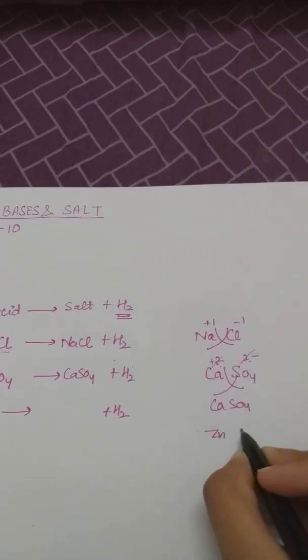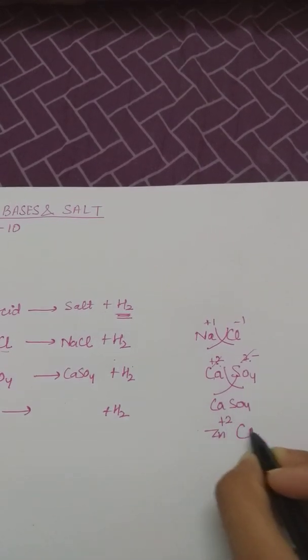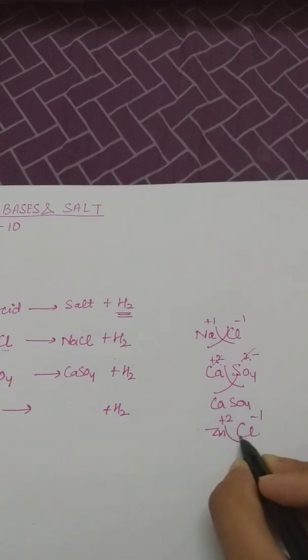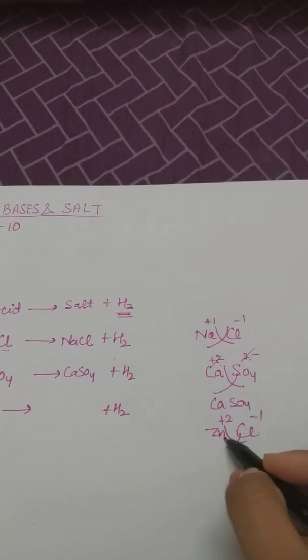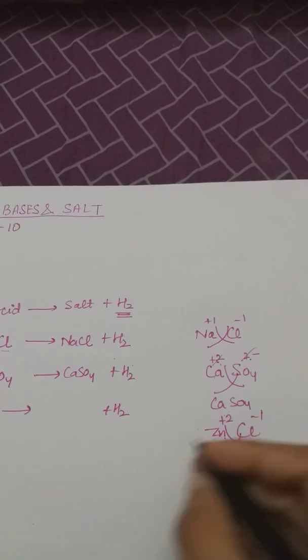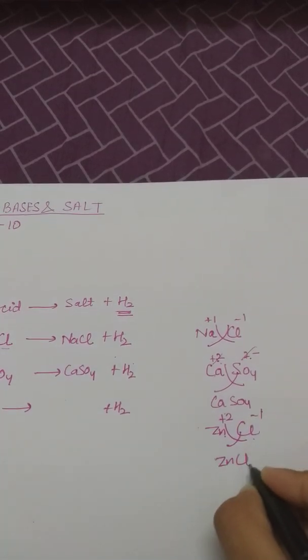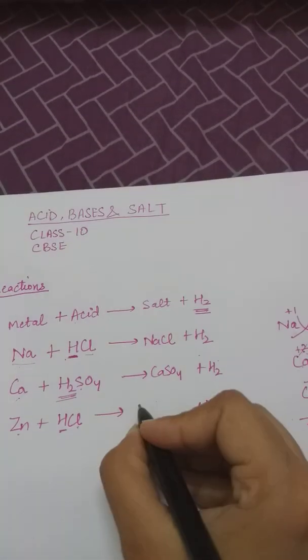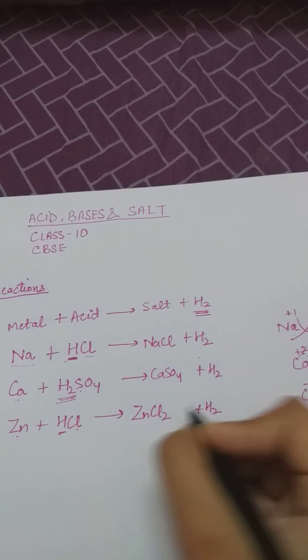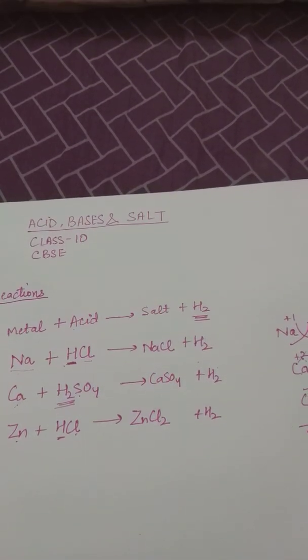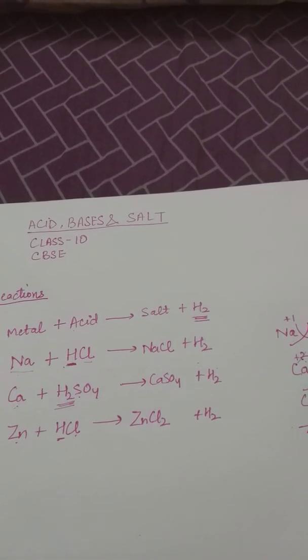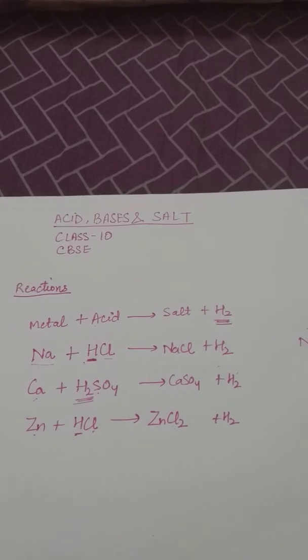The valency of zinc is +2, chloride is -1. When you cross valency, 1 will come here, 2 will go there, so my formula becomes ZnCl2. So zinc chloride is the salt formed in this reaction. I hope this is clear to you.